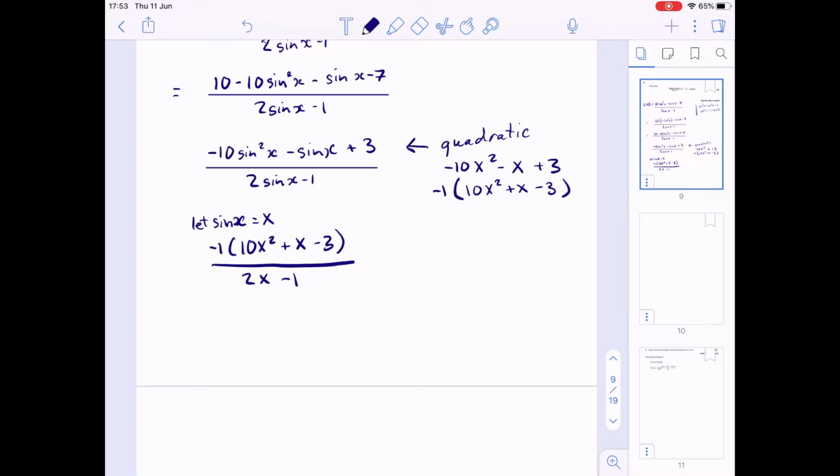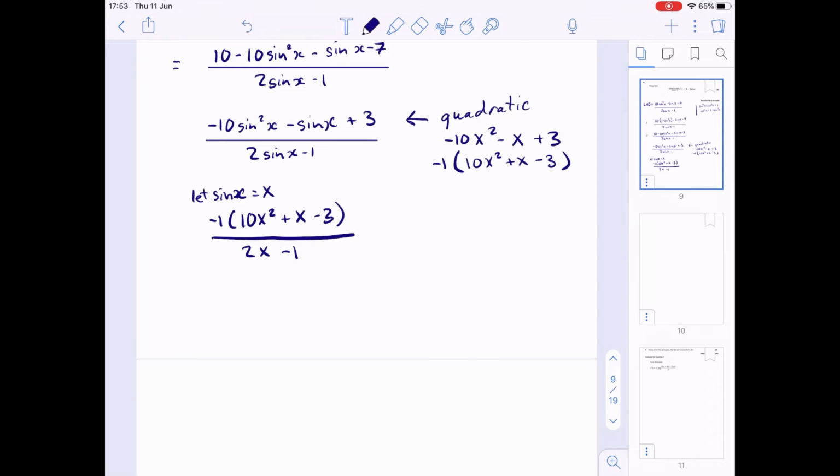Okay, so let's factorize this now. So we would have minus 1 still on the top, and this is going to be 5x and 2x and minus 1 over here and plus 3.